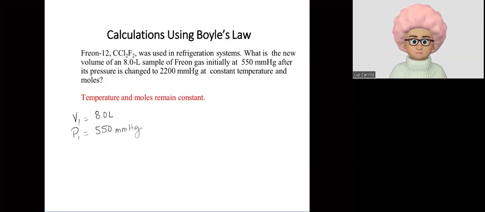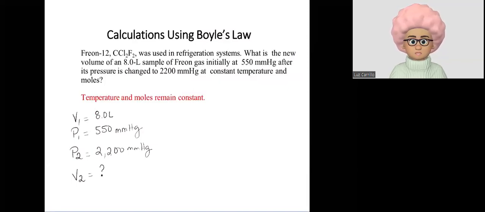And then we can see that the pressure changed. So in the change, that would be P2, our pressure went up to 2,200 millimeters of mercury. According to this problem, we need to figure out the new volume. So what we're calculating is V2.